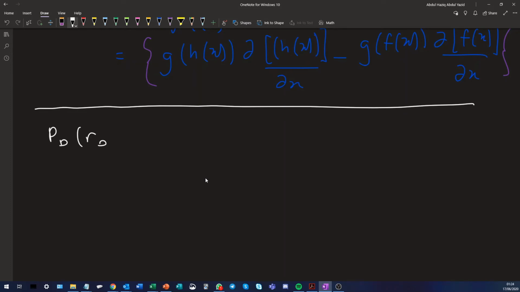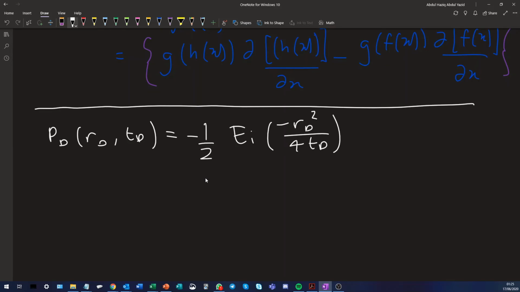We have the statement of the diffusivity equation, which was negative 1 over 2 Ei of negative r sub D squared over 4 t sub D. Now we can actually just rewrite this in terms of the Ei, the exponential integral, in this way.